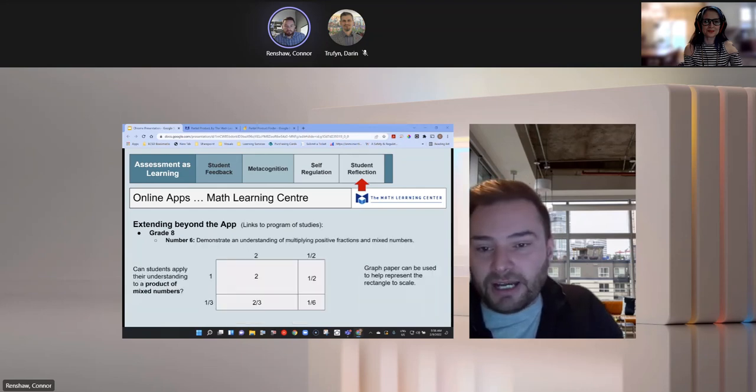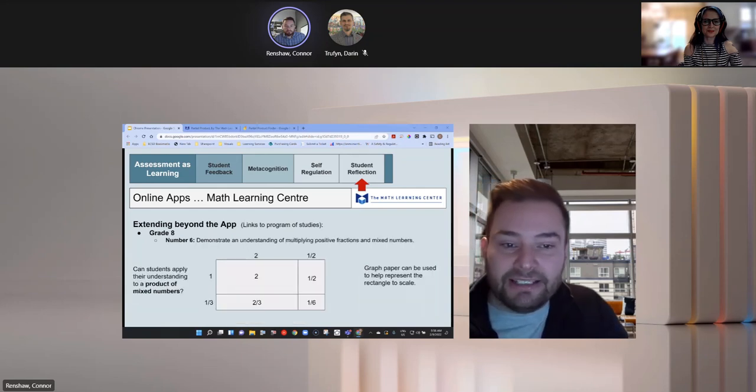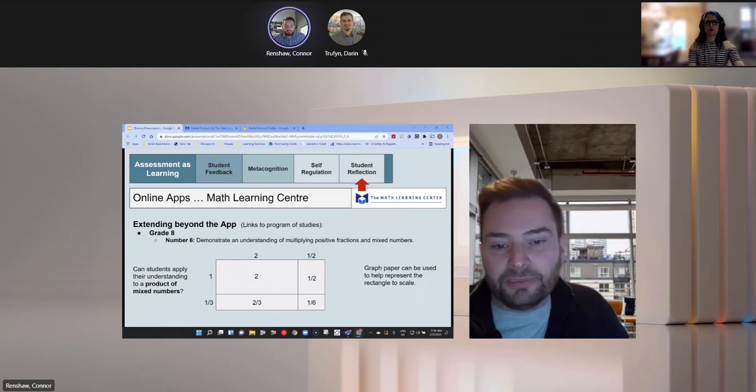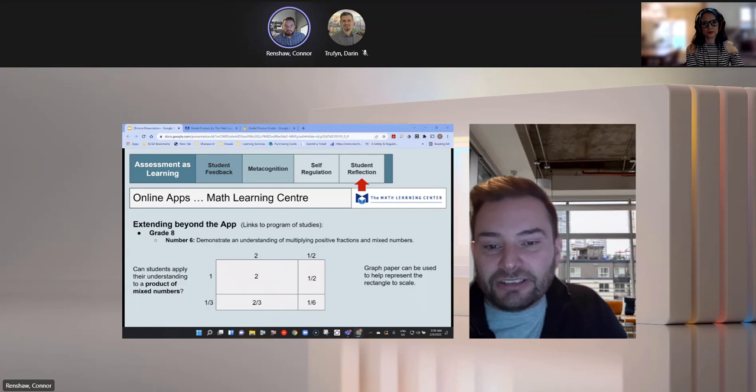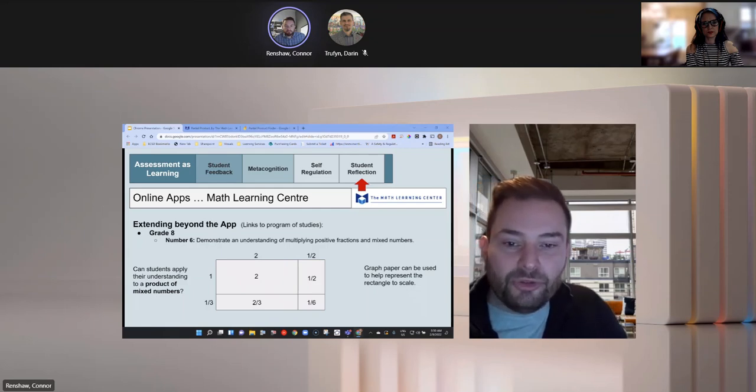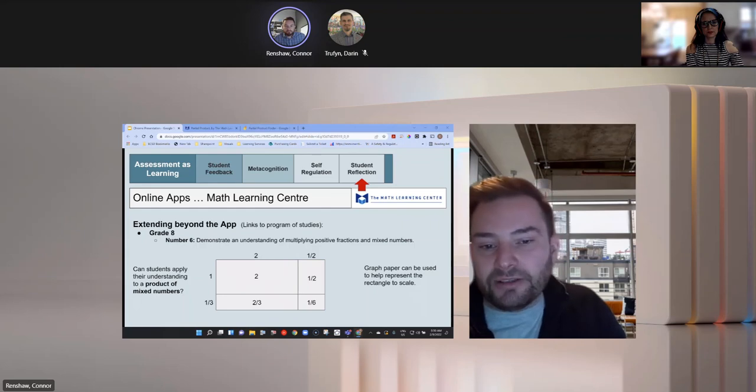One other outcome that can be related to it is the idea of multiplying mixed numbers. Often the strategy that teachers employ to have students multiply mixed numbers is they will first get them to change it into an improper fraction, and then they multiply numerator and multiply denominator. But there is actually a way with this conceptual model to look at the product of 2.5 times 1 1/3.